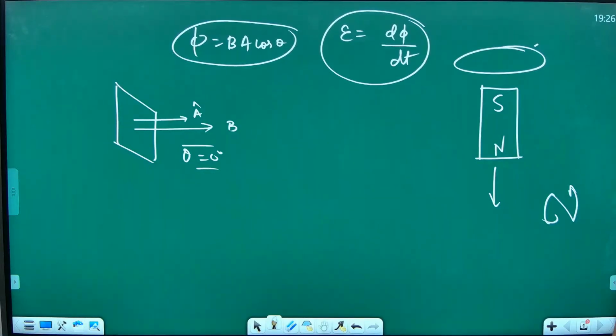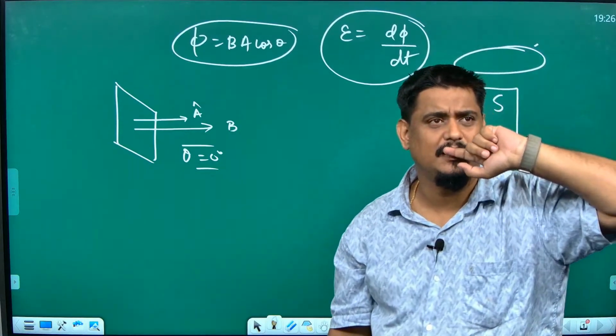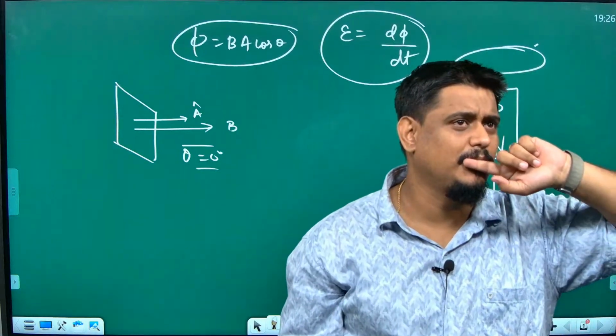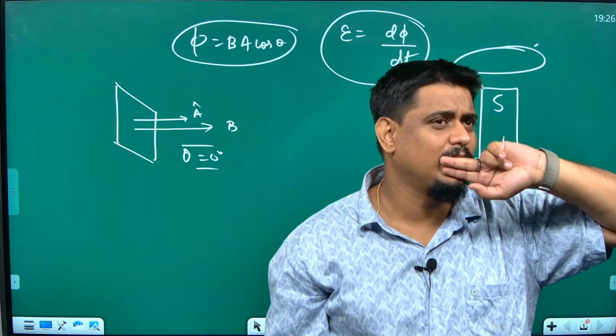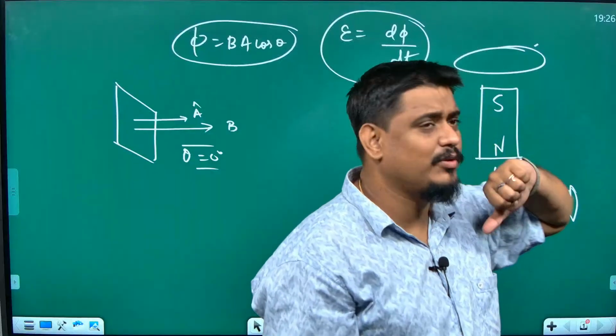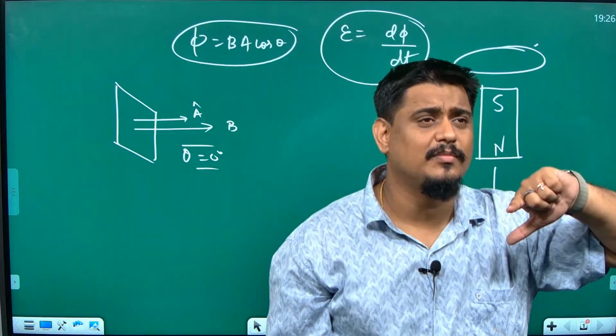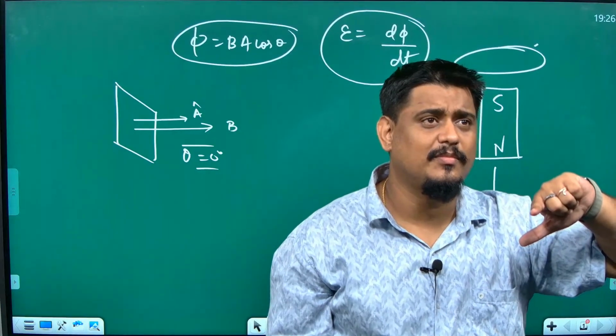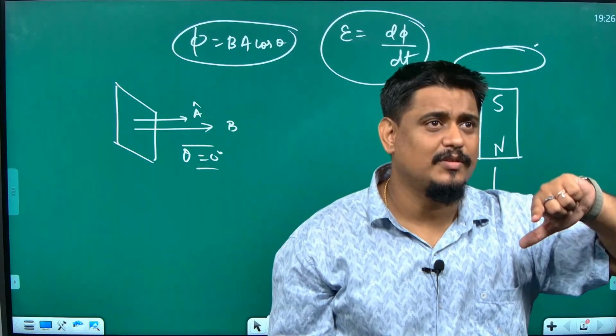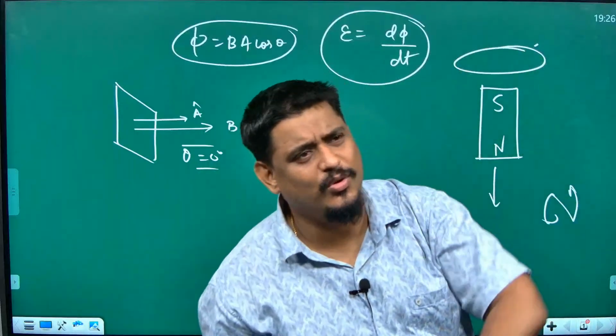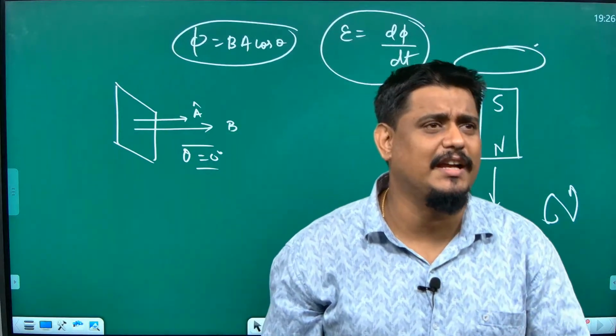Why clockwise direction, Krishna? Sir, the south pole is moving away from it, sir. Yes, very good. So it wants to become... Induced EMF will try to increase south. No. Wrong. Akhilesh, give a try.